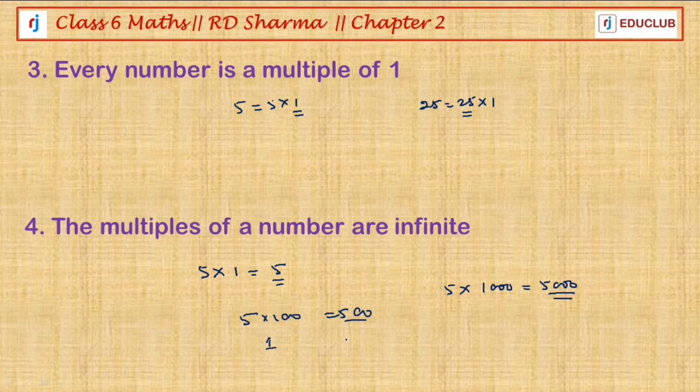From 1 to any natural number, we can multiply with a number to get its multiple. And we know the natural numbers are infinite, so we get infinite multiples of a number. That's why the multiples of a number are infinite.